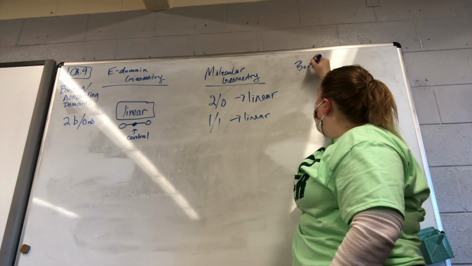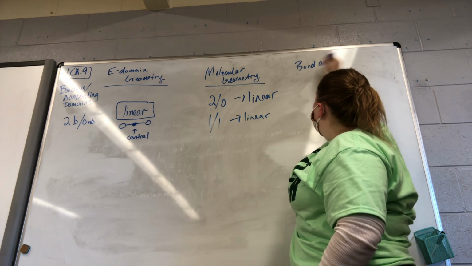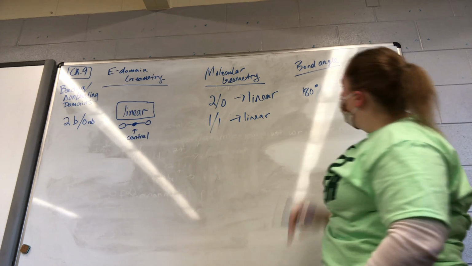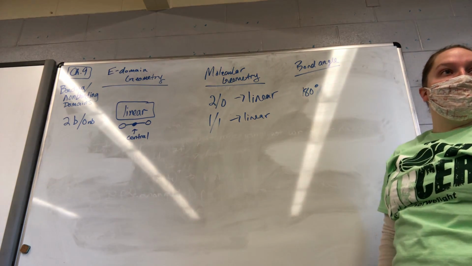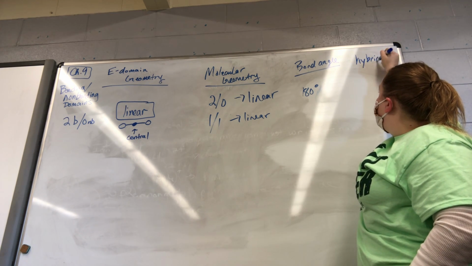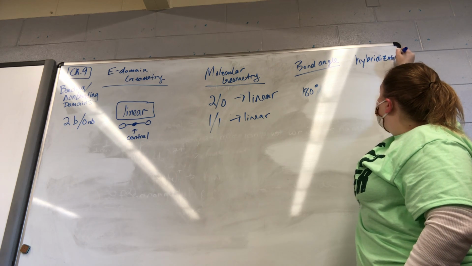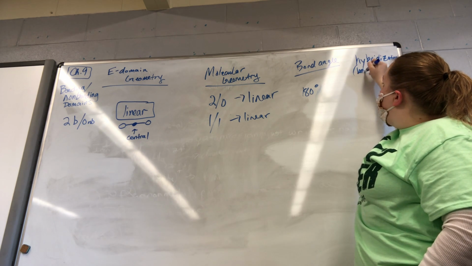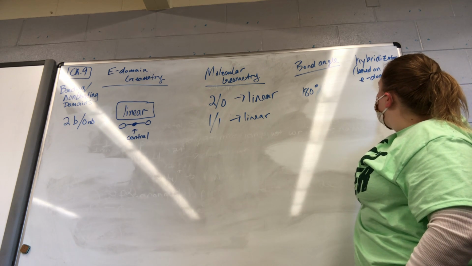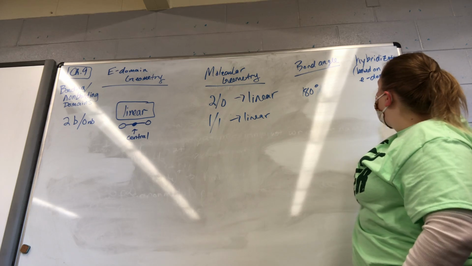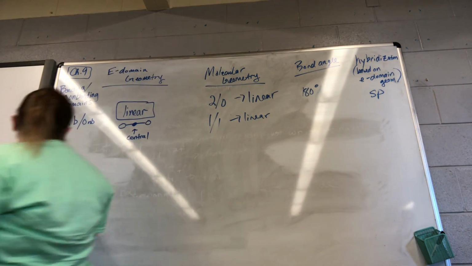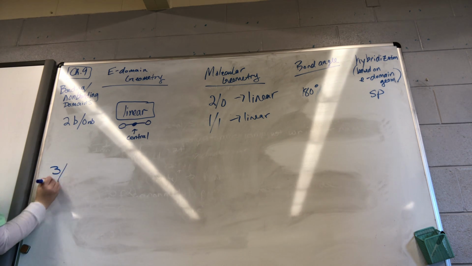Our bond angle, 180 degrees. Always 180 degrees. Our hybridization, always based on the electron domain geometry, for this one is going to be sp. All right, let's move on to our next situation.